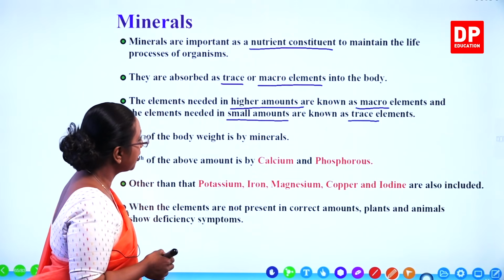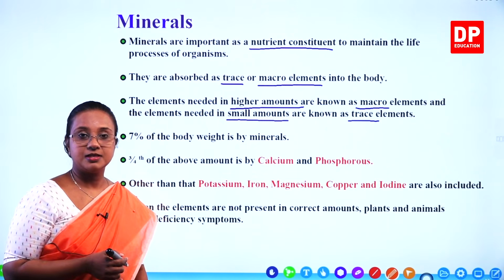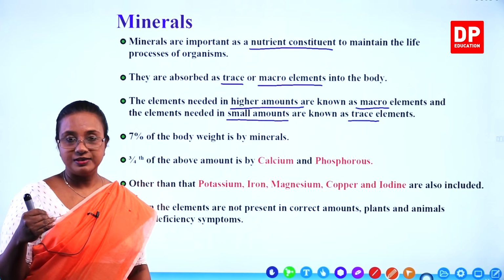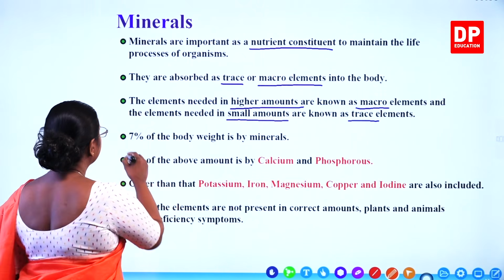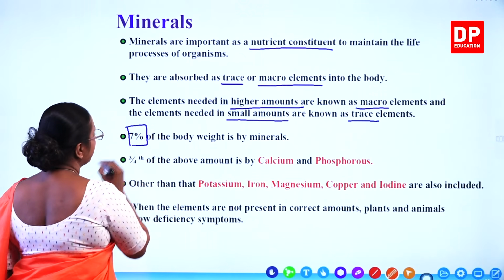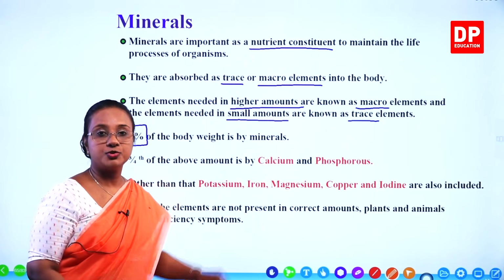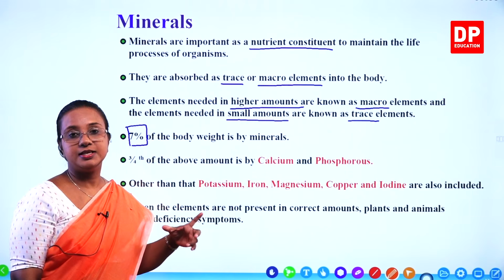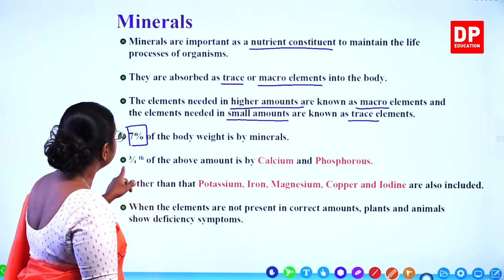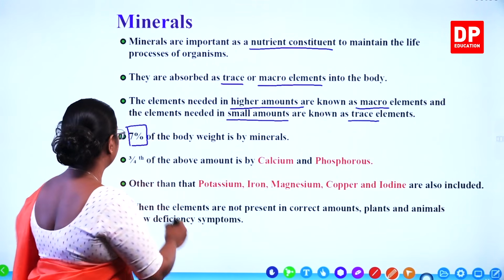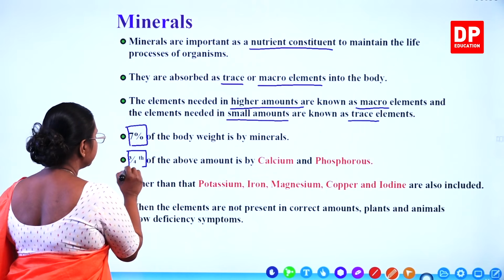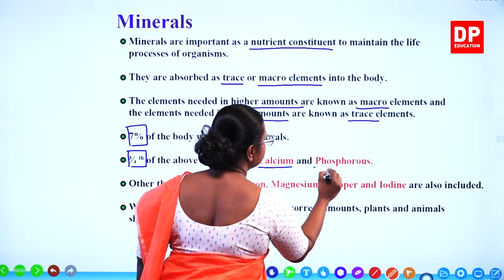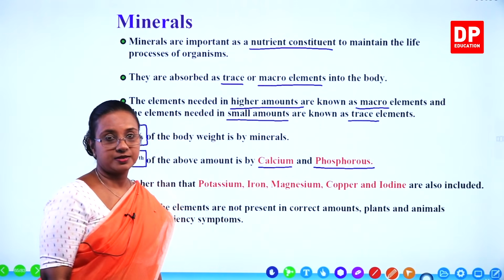7% of the body weight is made up of minerals. Now, we were discussing the composition of the body of living organisms. In that, 7% of the body weight is composed of minerals. Only a small amount, but it is very important. 3/4 of this 7% is composed of calcium and phosphorus.